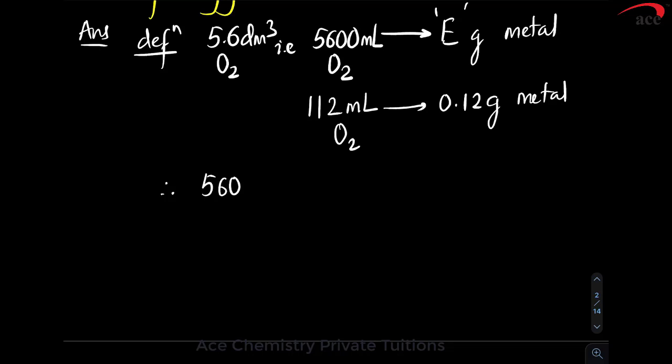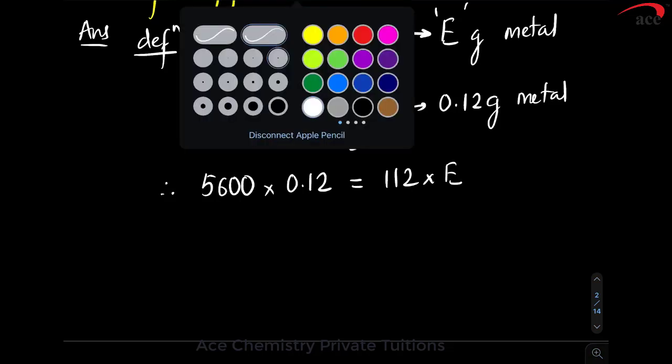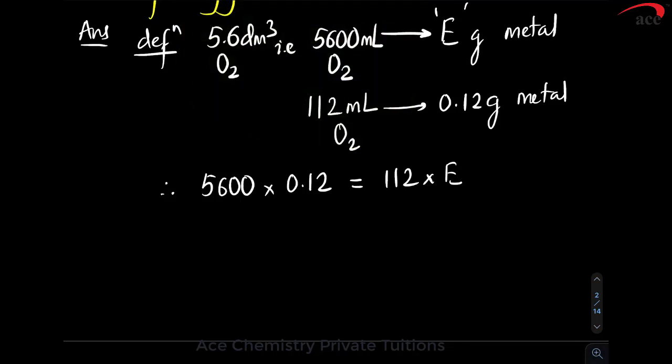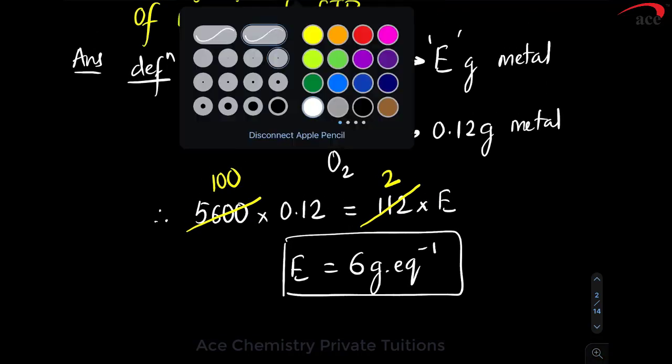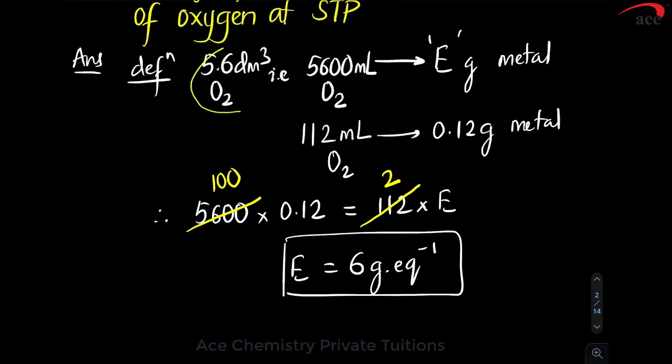112 ml of oxygen corresponds to 1.12 gram of metal. What will you do next? Naturally, you will cross multiply. So, 5600 multiplied by 1.12 will be 112 multiplied by E. Now, we know 56 hundreds and 56 twos. So, naturally, if you solve, E value will be 6 gram per equivalent.